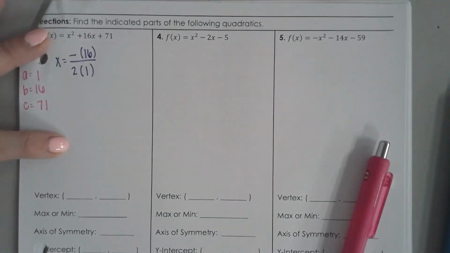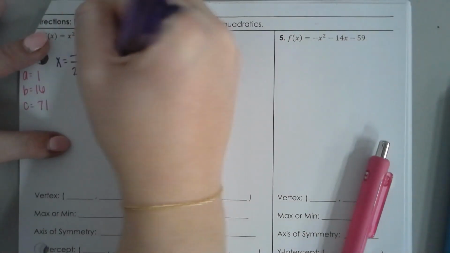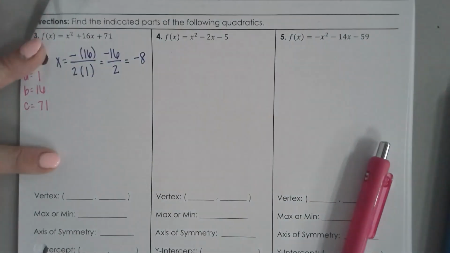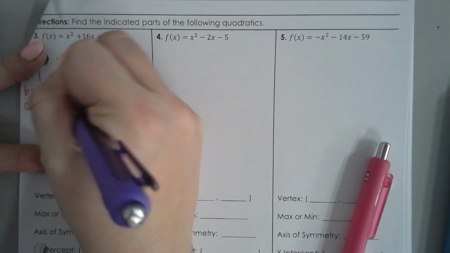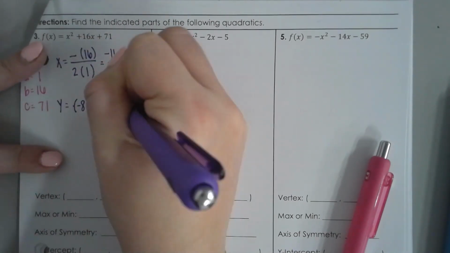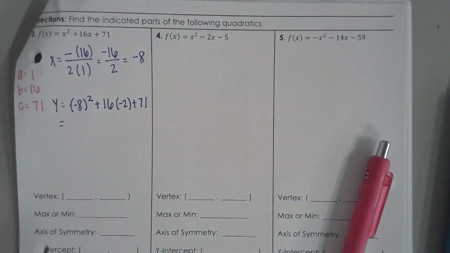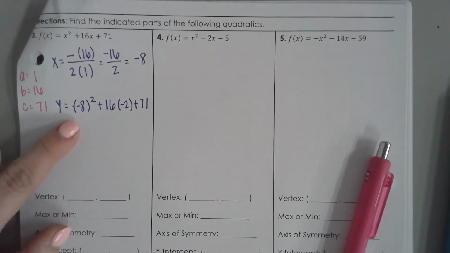So the x value of my vertex is -16/2, which is -8. If you're just going to type this in the normal way, you have to make sure you put that -8 in parentheses.